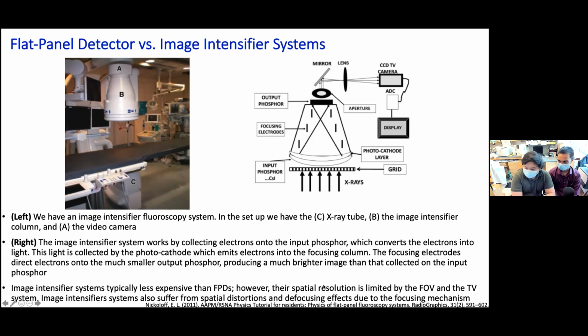However, their spatial resolution, although very high at low FOVs, is limited by the field of view, because once you expand it, you start losing spatial resolution, and you're also limited by the TV system that you're capturing with. Because of this column focusing mechanism, the image intensifier systems also suffer from spatial distortions and defocusing effects.